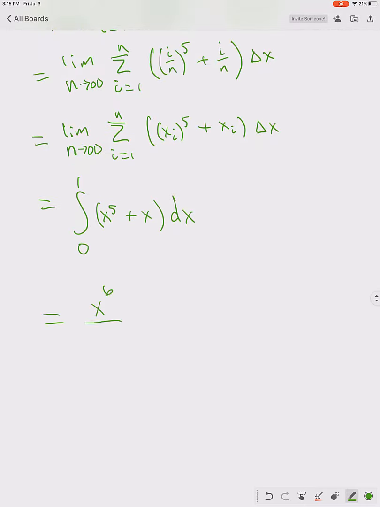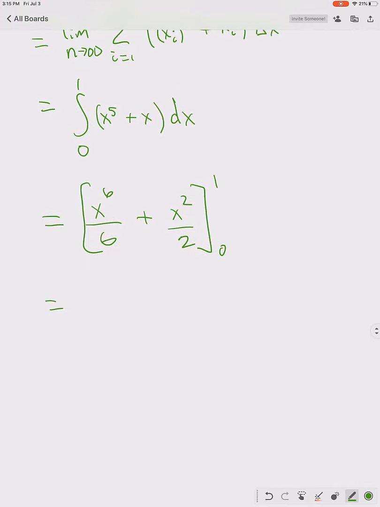So this would be x to the sixth divided by 6 plus x squared divided by 2, evaluated from 0 to 1. And then that would be 1 raised to the sixth, which is 1 over 6, plus a half, minus 0 minus 0.